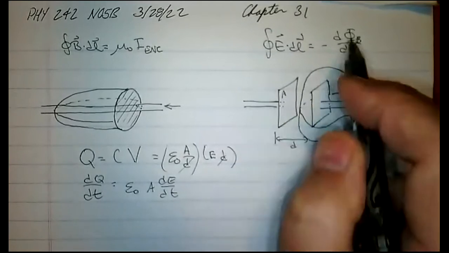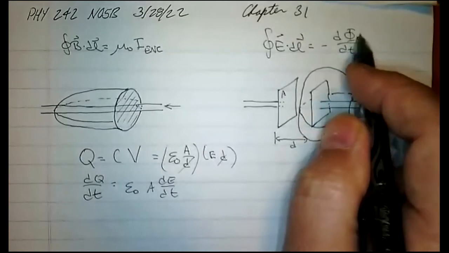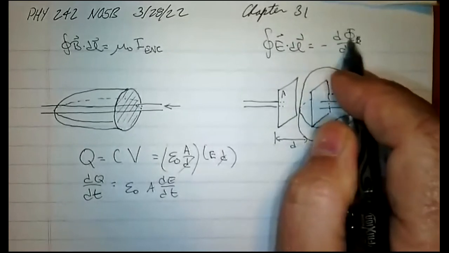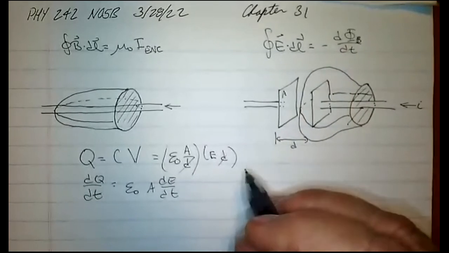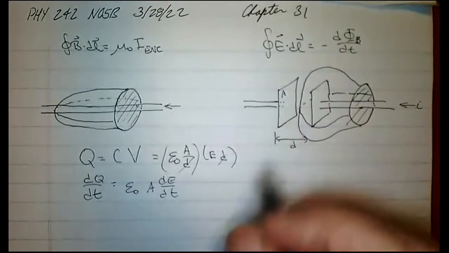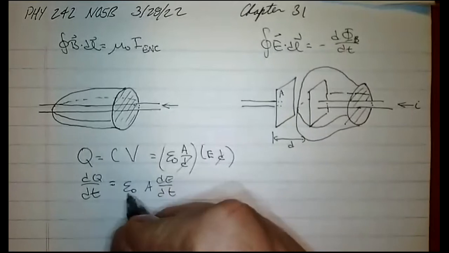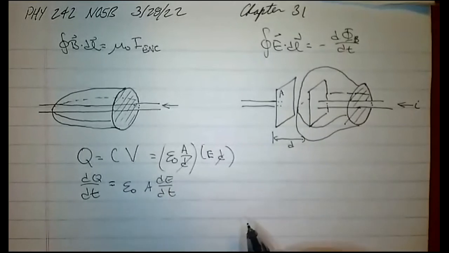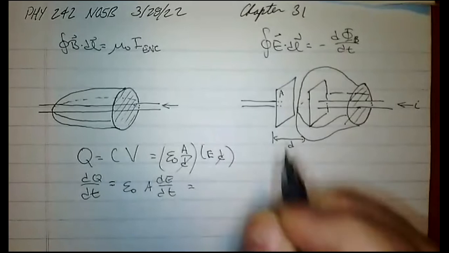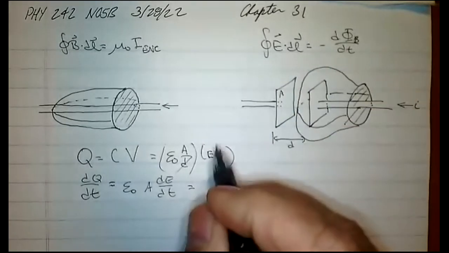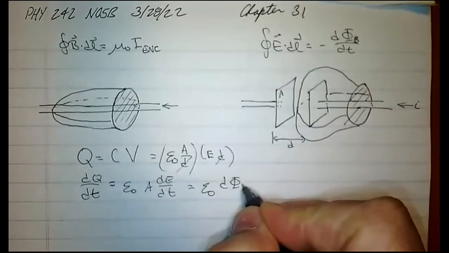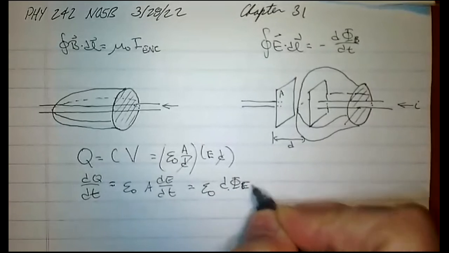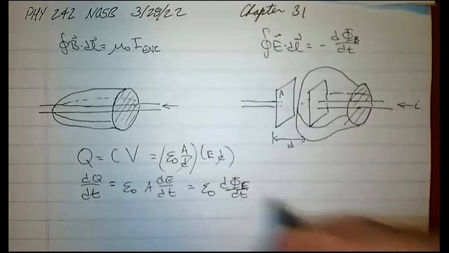But if we remember the symmetry of this one, we talked about a magnetic flux, and we know of an electric flux. So maybe the derivative should be a derivative of the electric flux as opposed to epsilon 0 A times the derivative of E with respect to t. A more general and symmetric version would be epsilon 0 d phi E over dt.